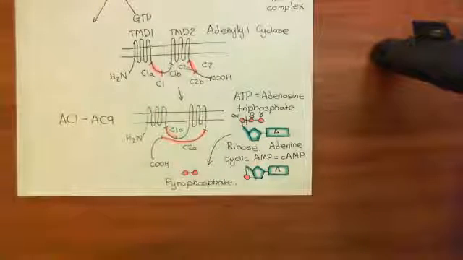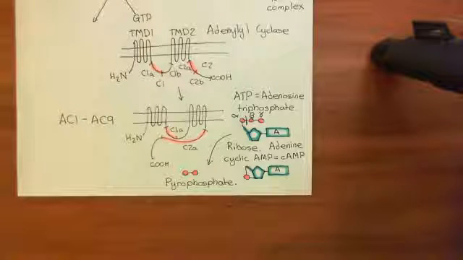The adenylyl cyclases are grouped into 4 different groups: group 1, group 2, group 3, and group 4. The alpha i GTP subunit is not going to act on all of these 9 different forms of adenylyl cyclase. Instead, it's going to act on adenylyl cyclases that are in certain groups, and we'll see the grouping of the adenylyl cyclase enzymes in the next video.